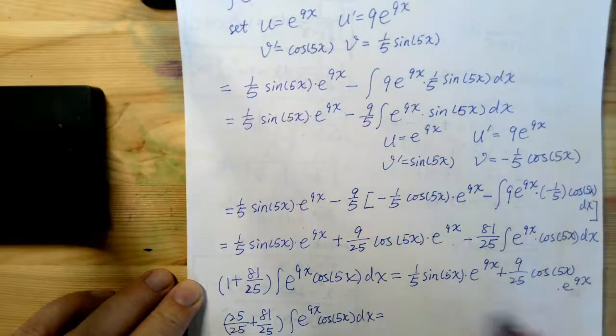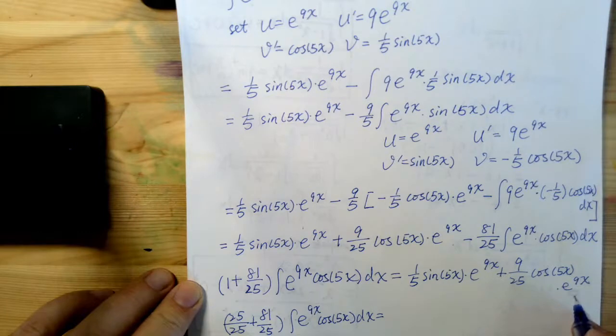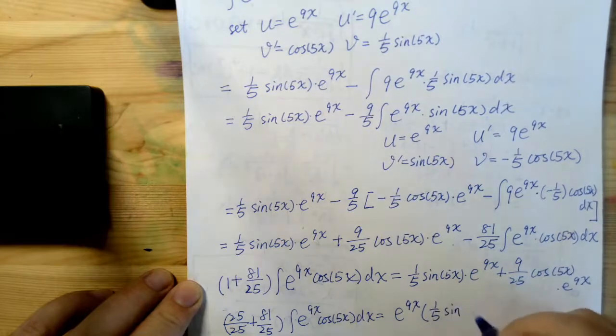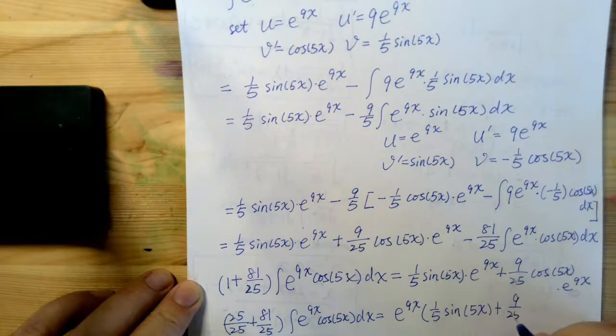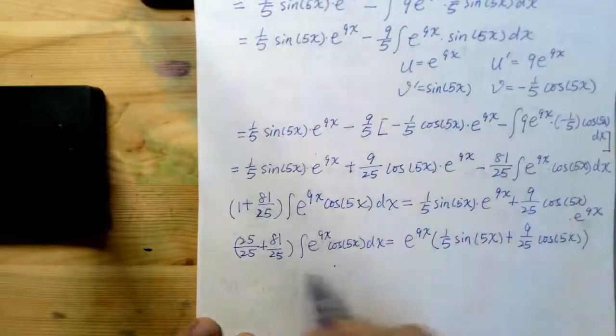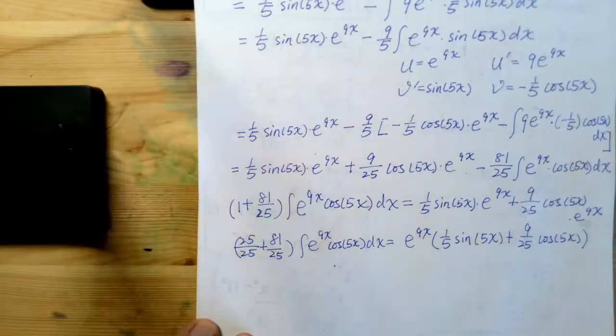And then we can factor e to the power of 9x out. So inside is 1 over 5 sine 5x plus 9 over 25 cosine of 5x. Okay, and then we can divide by this. It turns out this is what we have.